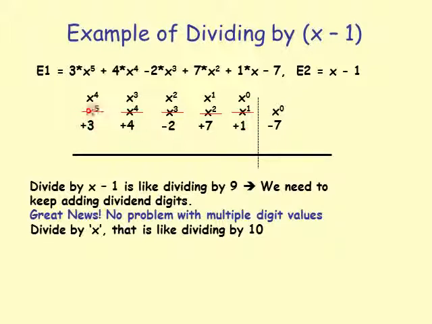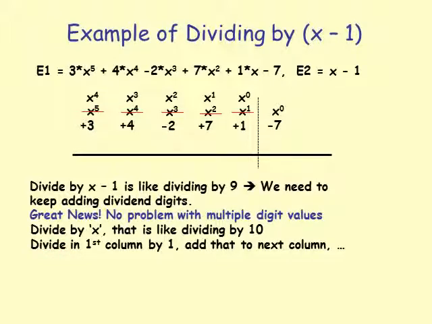So when we divide x fifth by x, I get x to the 4th power. When I divide x 4th by x, I get x cubed. When I divide x cubed by x, I get x squared. When I divide x squared by x, I get x. When I divide x by x, I get a constant term. And the remainder is a constant term here. Let's continue.